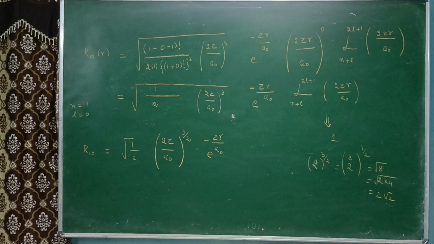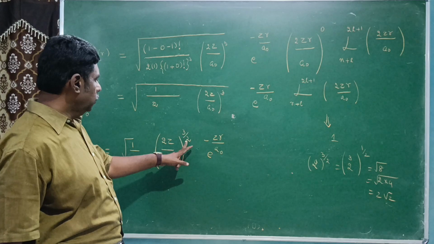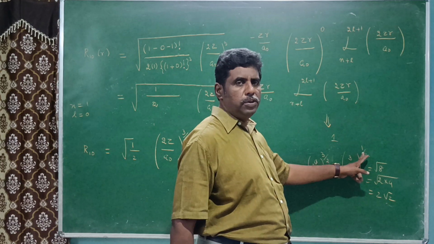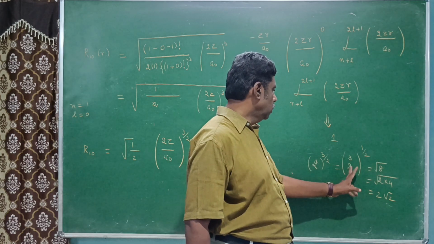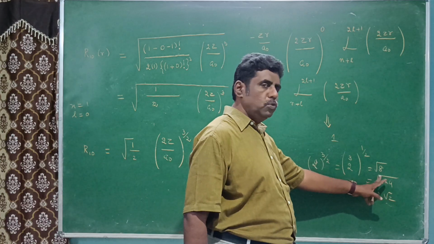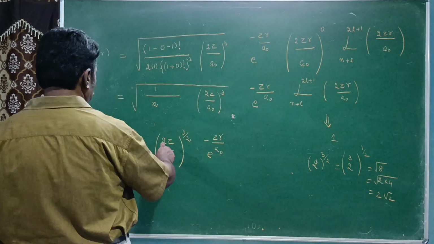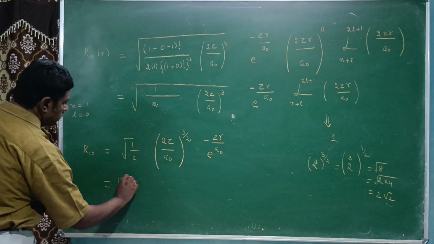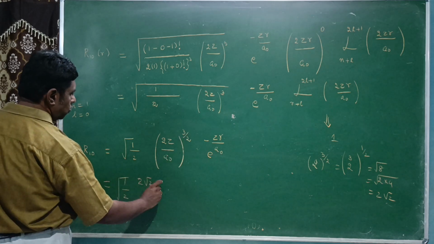So in the above equation, consider this 2 power 3 by 2. This 2 power 3 by 2 is actually 2 cube power 1 by 2. 2 cube is 8, so this is root 8. Root 8 is modified as root of 2 into 4. Root 4 is 2, so 2 root 2. This 2 power 3 by 2 is written as 2 root 2.